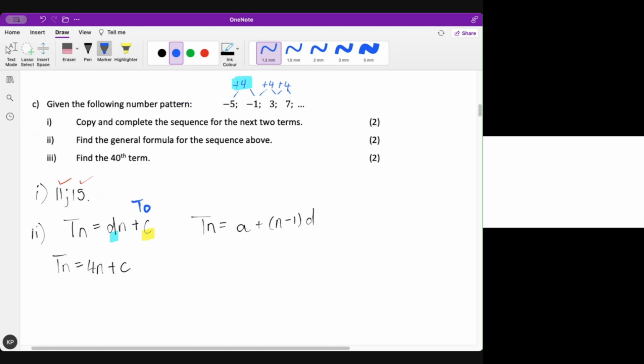Term 0 means if there was a number before -5, what would that number be? Look at the pattern carefully. Let's say there was a term that came before -5. What would that term be? There we go. So your C is -9. Isn't that easier, guys?